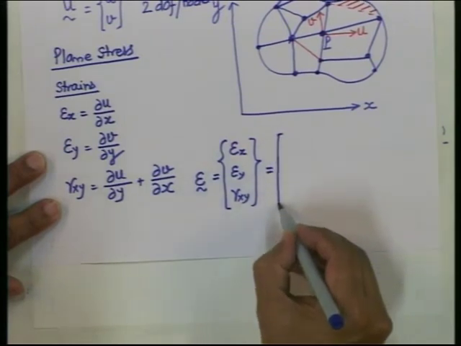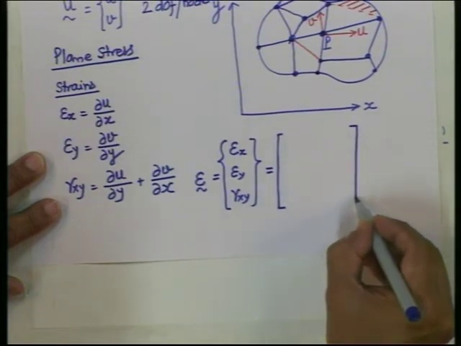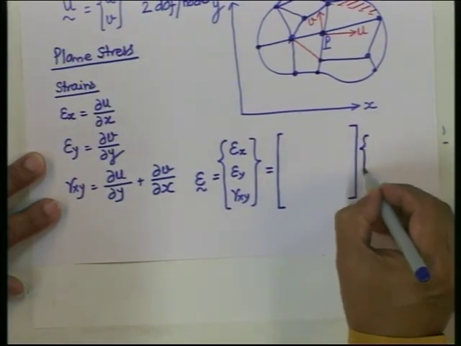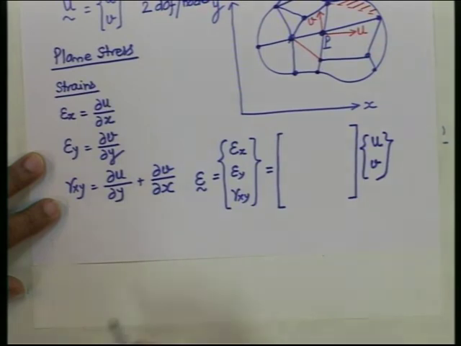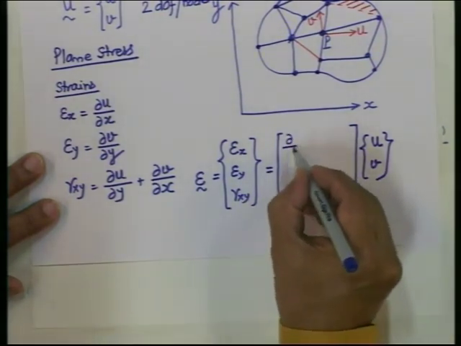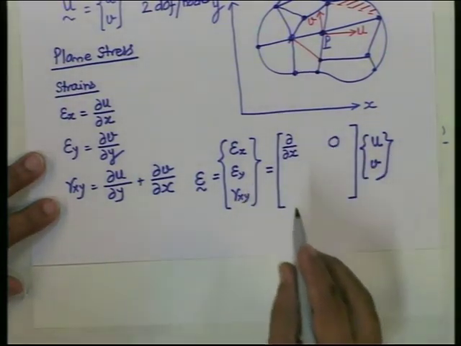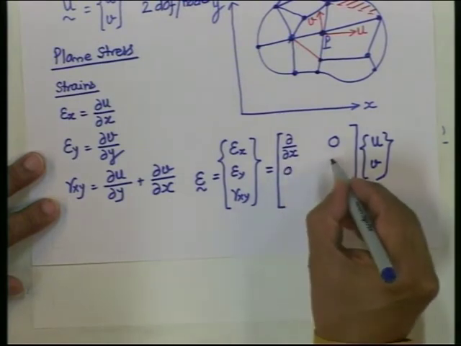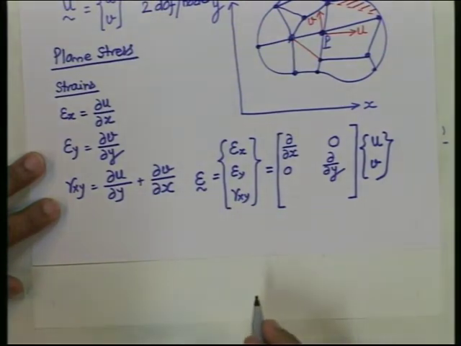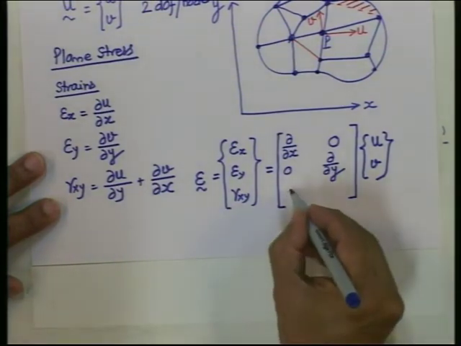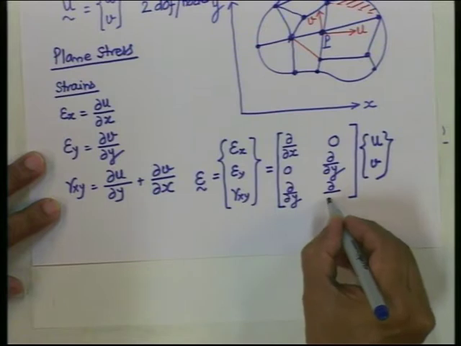So, this can be written in matrix form, and here we get a 3 by 2 operator, and everything can be expressed only in terms of the two displacements u and v. So, what is this derivative? Here it is delta by delta x, here it is 0. Second row, here it is 0, here it is delta by delta y. Third row, here it is delta by delta y and delta by delta x.